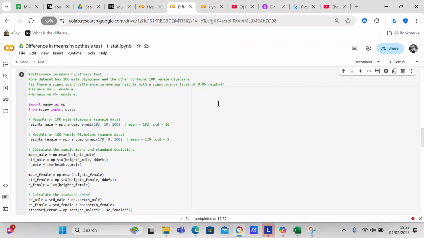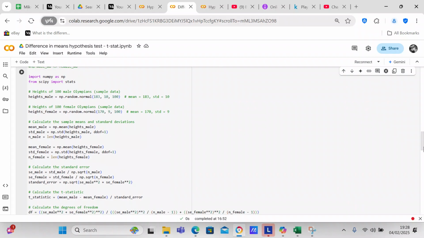And then your null hypothesis is the male mean equals the female mean, and the alternate hypothesis is the male mean does not equal the female mean. And this is going to be a two-tailed test.